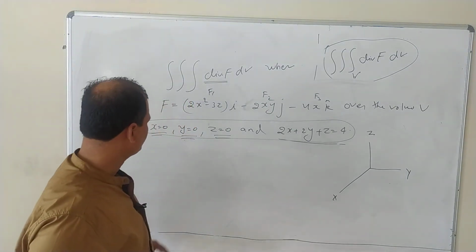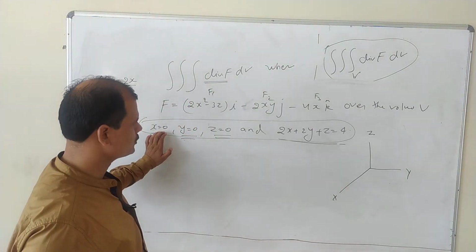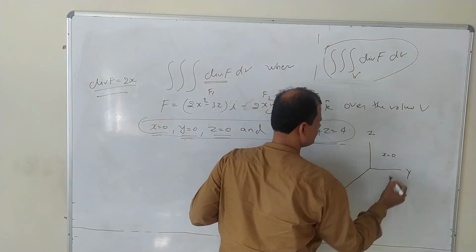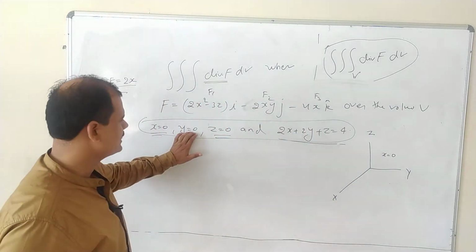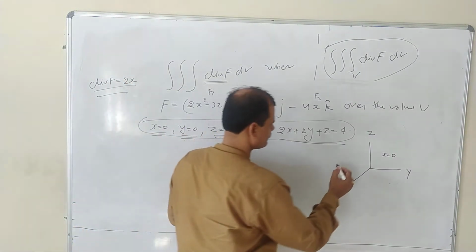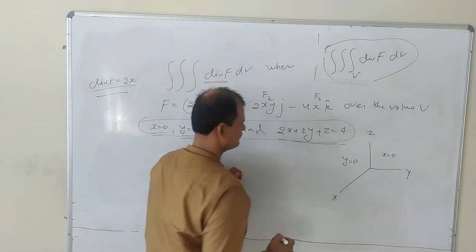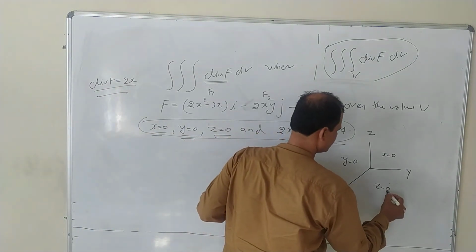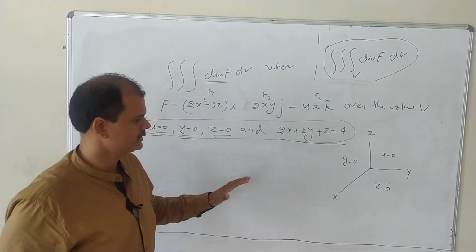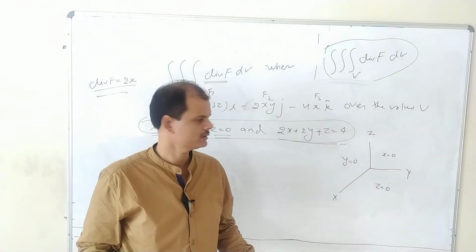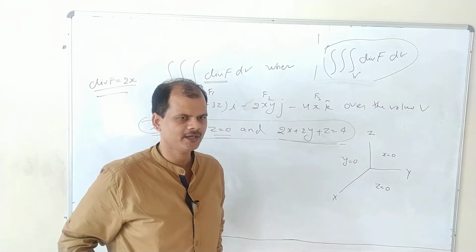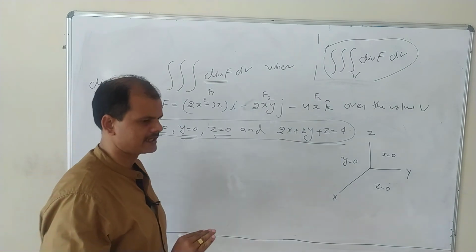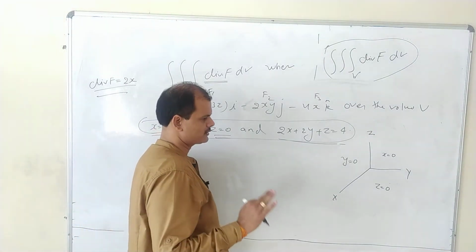So x equal to 0 means the yz plane, one plane we got. y equal to 0 means the zx plane, second plane we got. And z equal to 0 is the xy plane, third plane we got. So these are like, in a room, three walls: the xy plane, yz plane and zx plane.